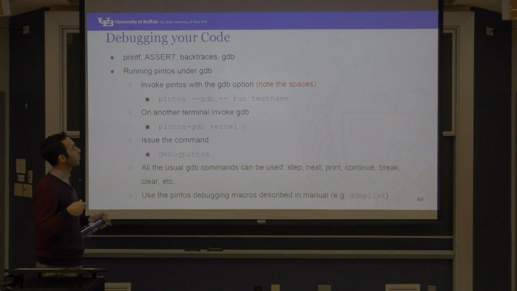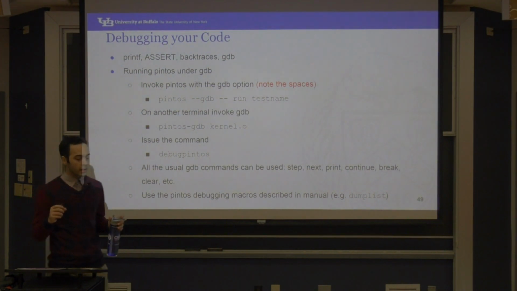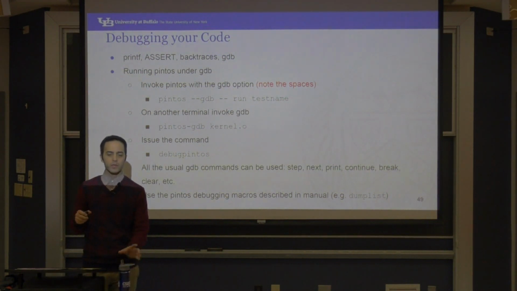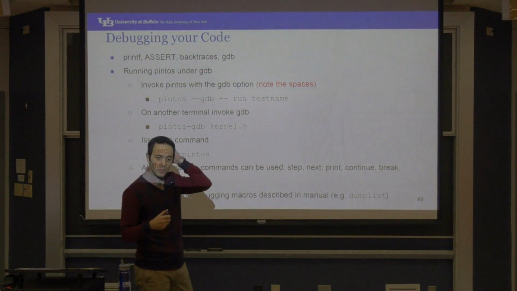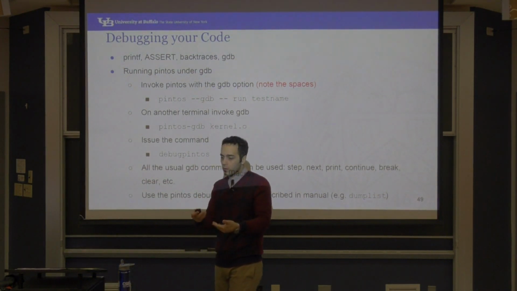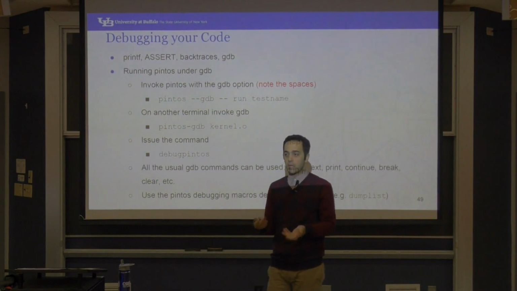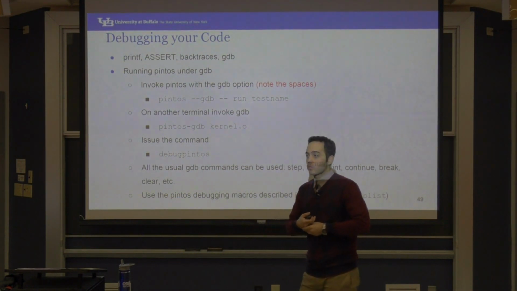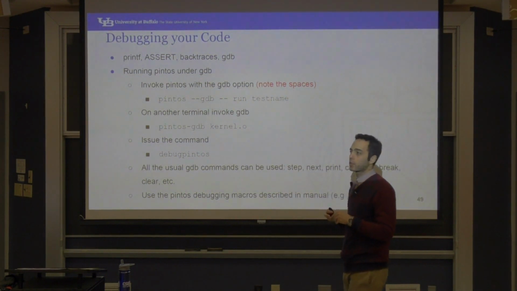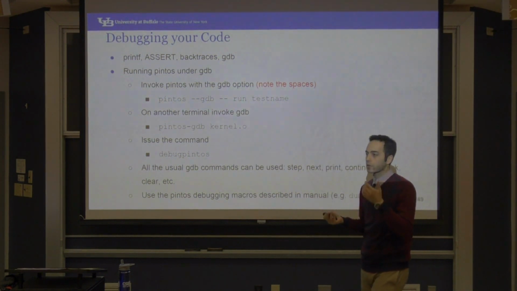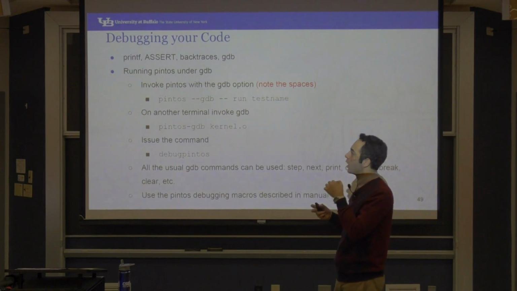For example, backtraces or GDB. GDB is pretty useful. It is a little bit annoying at the start. You might not feel comfortable and a little bit lost, but once you get to know a couple of steps, and it's very easy, it's going to reveal a bunch of information that is otherwise difficult to guess, or to get with printf.